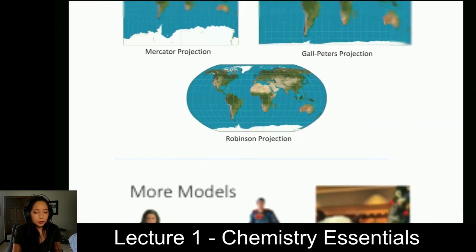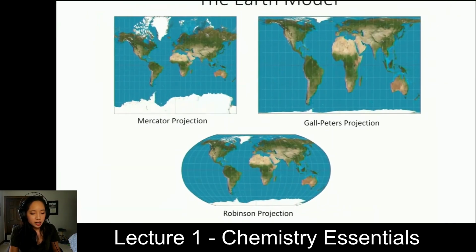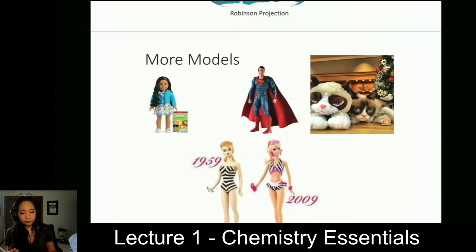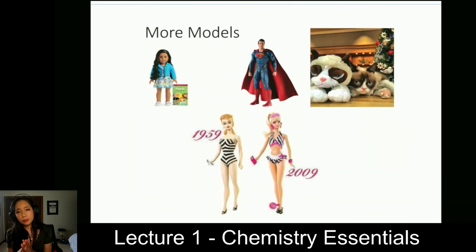So these three different projections just highlight that models may not be correct. It's just our best physical representation of what we believe is true, and models can change as more information is gathered. So here are also some more examples of models.